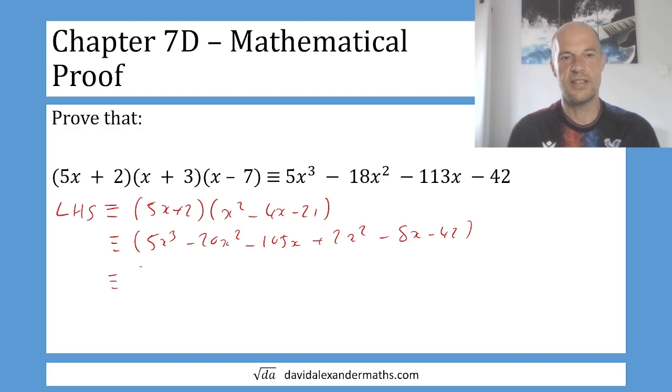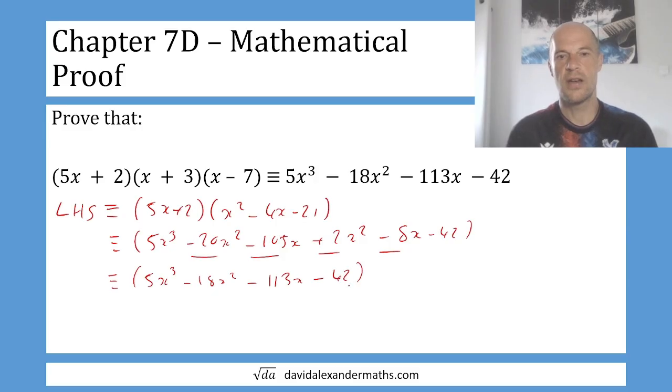So that is identical to 5x cubed. Minus 20 plus 2 is minus 18x squared. Minus 105 minus 8 is minus 113x minus 42. And that we can now say is identical to the right hand side. So therefore I have proved that this stuff on the left is identical to the stuff on the right.